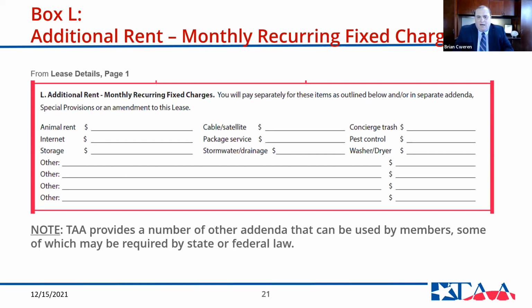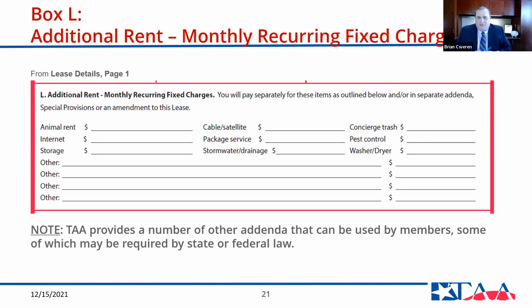Those are the more common ones that many of you will use. Some of them may not be applicable to your community at all, so you could properly address that. Then you'll notice that you have been provided 4 blank lines for other fees. Again, these are fixed fees that your community may choose. So there's an opportunity there for you to customize the document to appropriately match what your property is using.